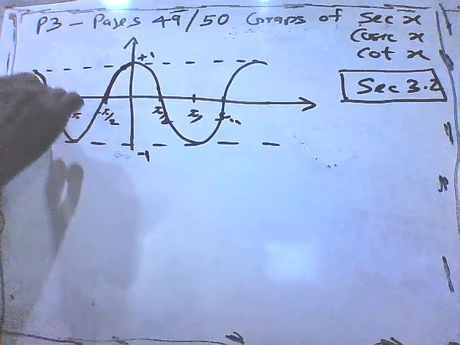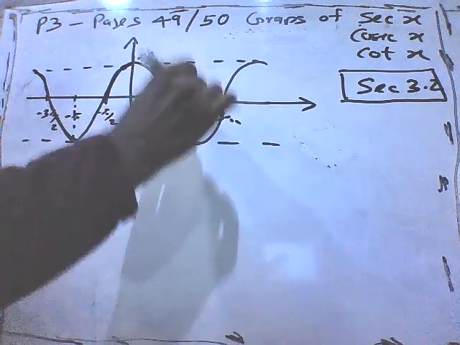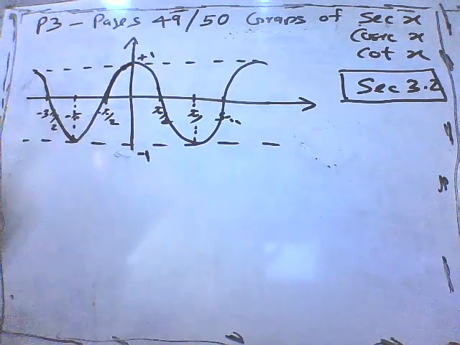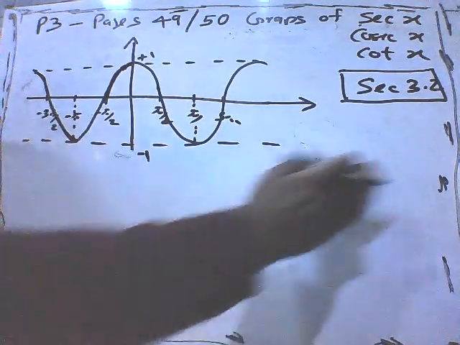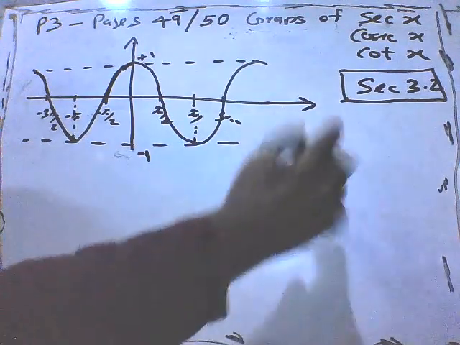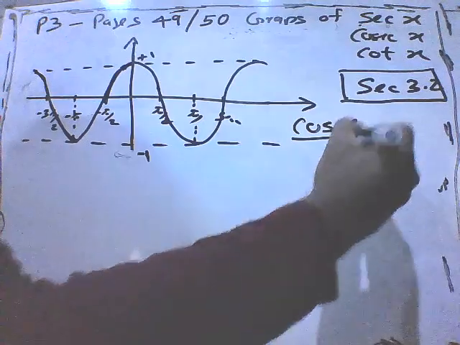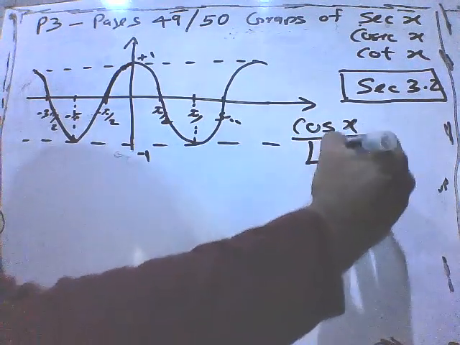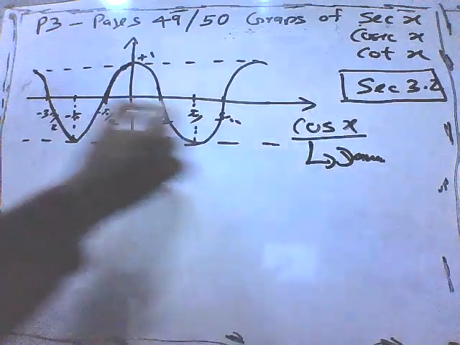Okay, so here we can put a dotted line, and it is oscillating between +1 and -1, right? And we will see the domain of this. So domain of, we are talking about cos x, right? Domain of this is actually all reals.